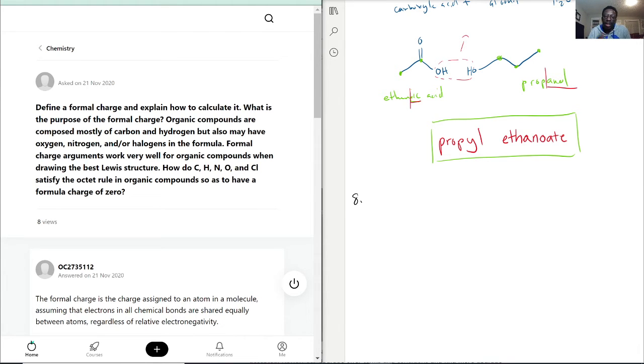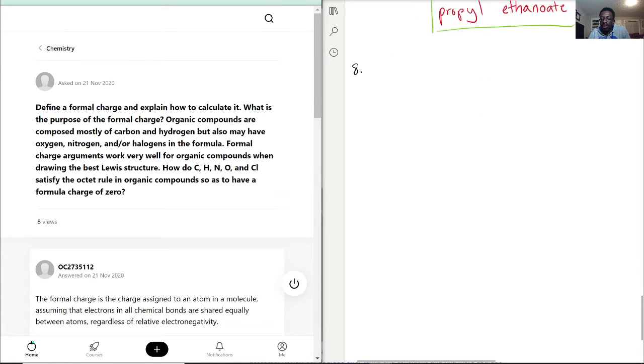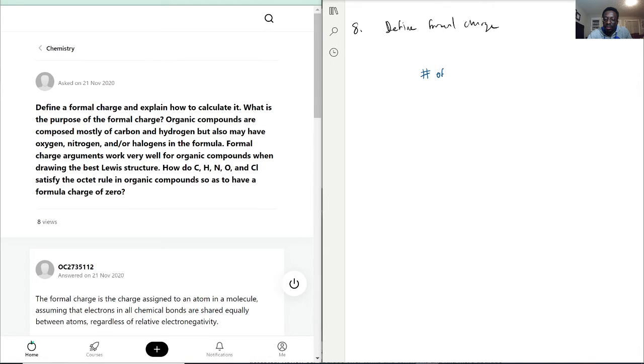So this is more of a conceptual question. The goal of formal charge, so let's write it here, define formal charge. That's pretty much what we're working with today. So the goal of formal charge is to assign a theoretical charge to an atom based on the number of valence electrons specifically.